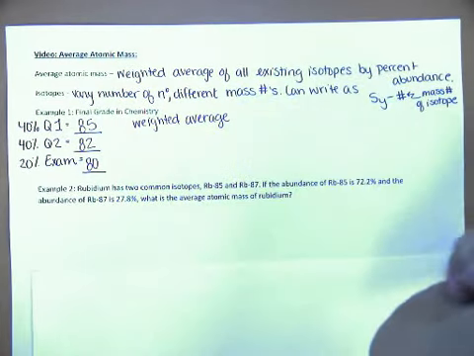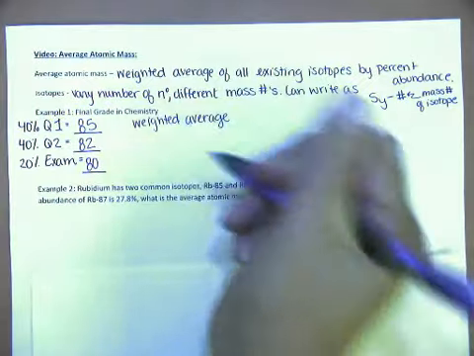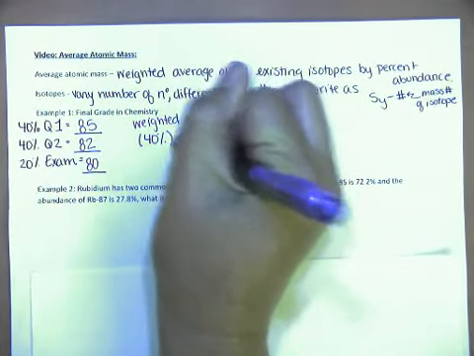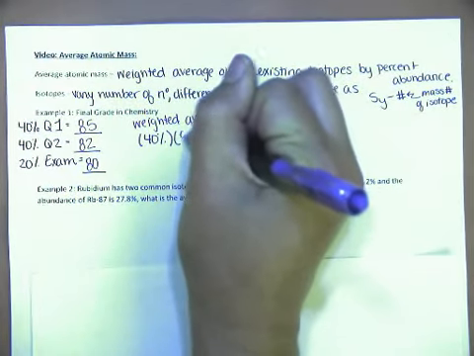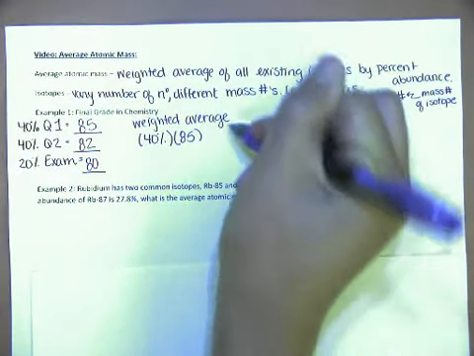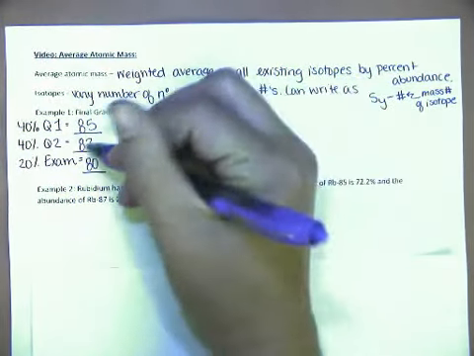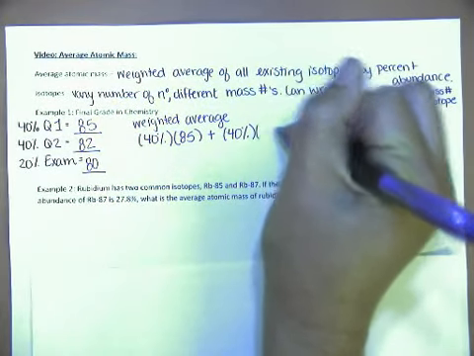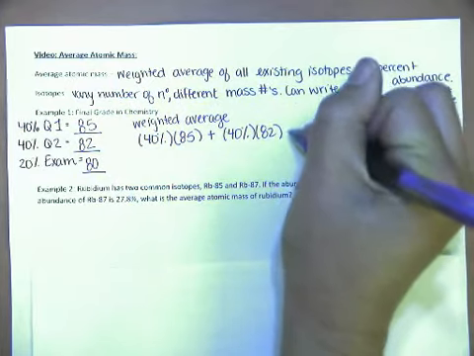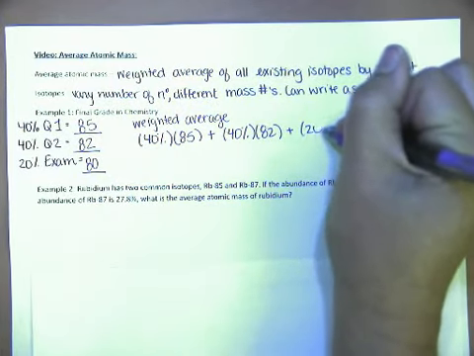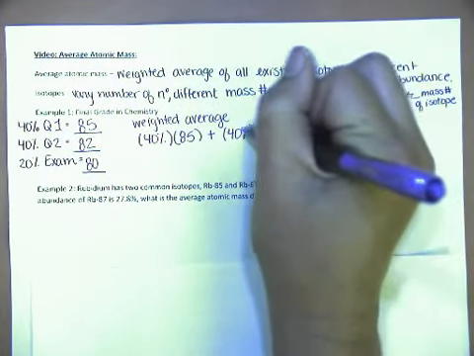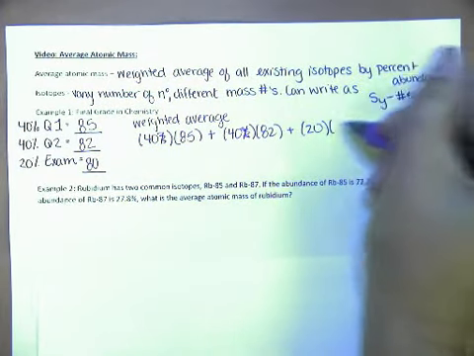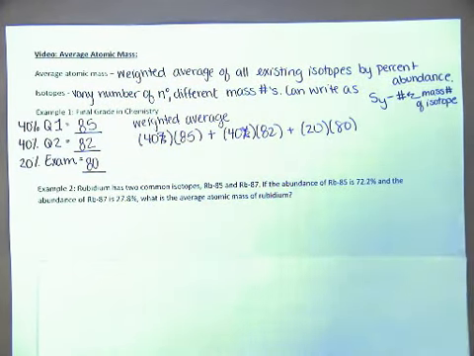Here, she takes the percent applied to it. So her first term grade was 40% of her quarter 1 grade of an 85. She adds to that her second quarter grade, so 40% of her quarter 2 grade of an 82, and 20% of her final exam grade, which was an 80.